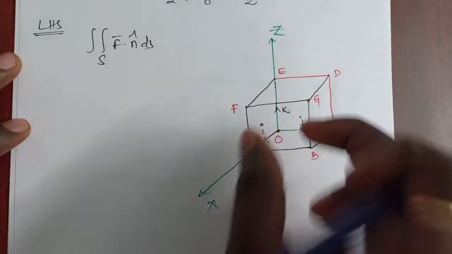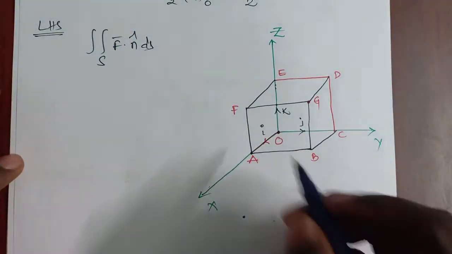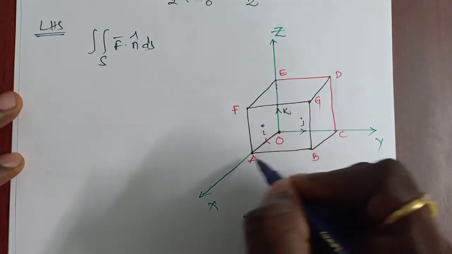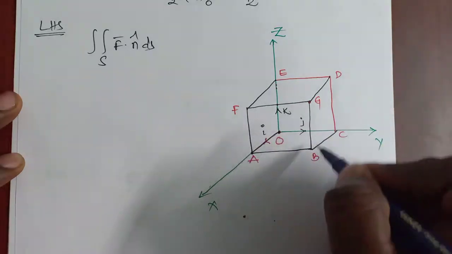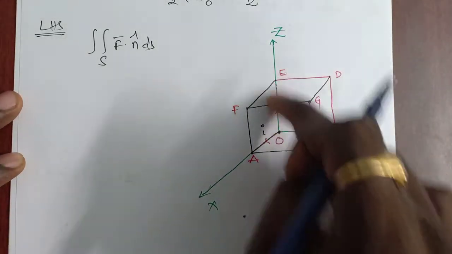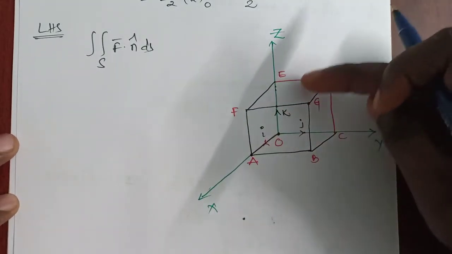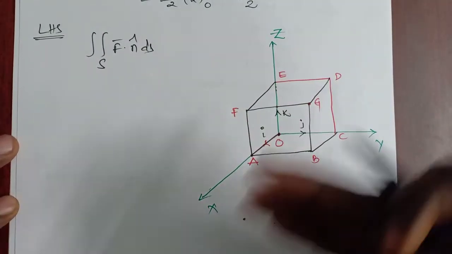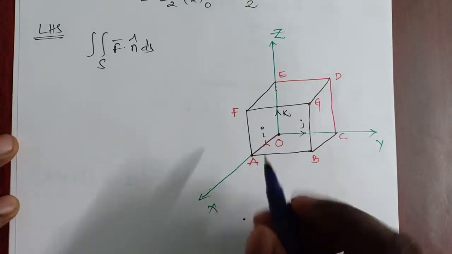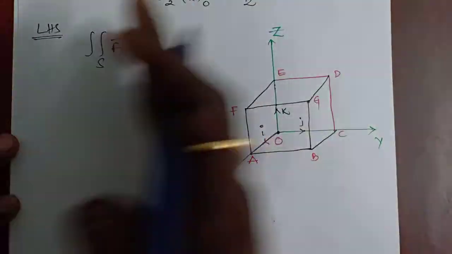The front face is OBGF. Coming to the back face, OCDE, that is the back face. Now front and back is over. Now coming to the left and right. The left face is OAFE.